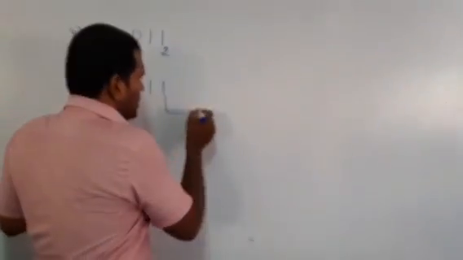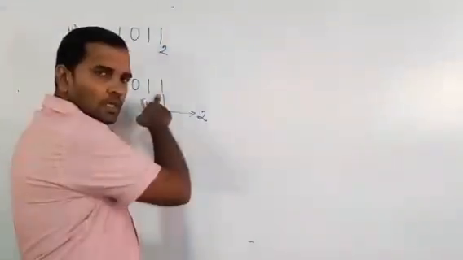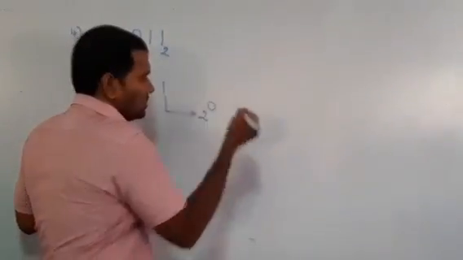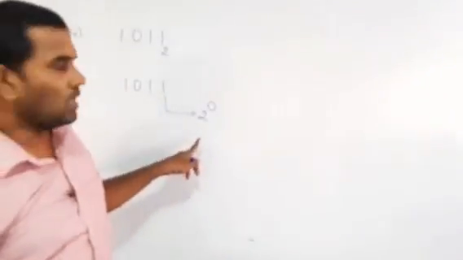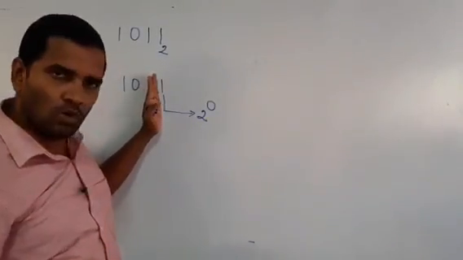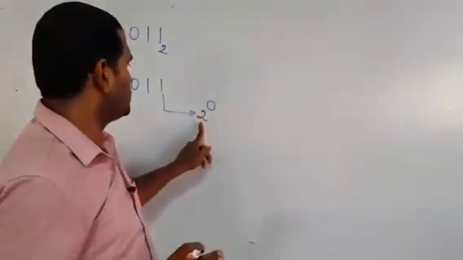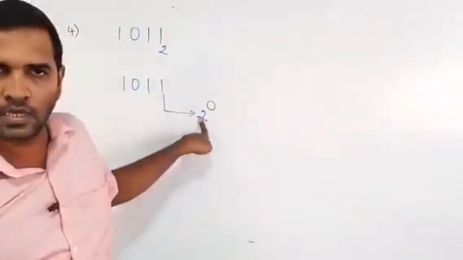It is a binary number, so it's base 2. This first digit is in 2 to the power 0. Always the first digit is in the 0 position.